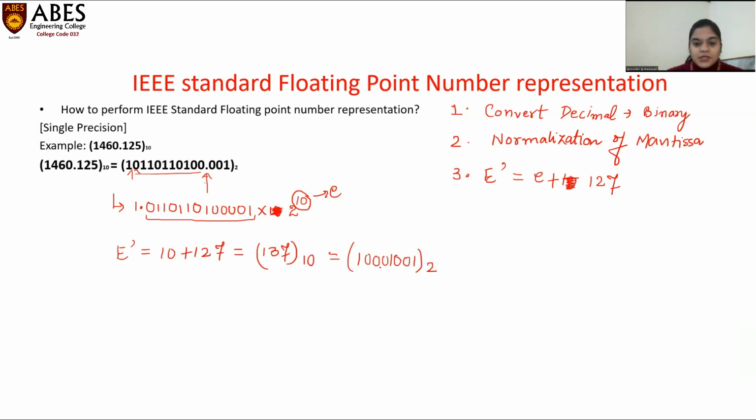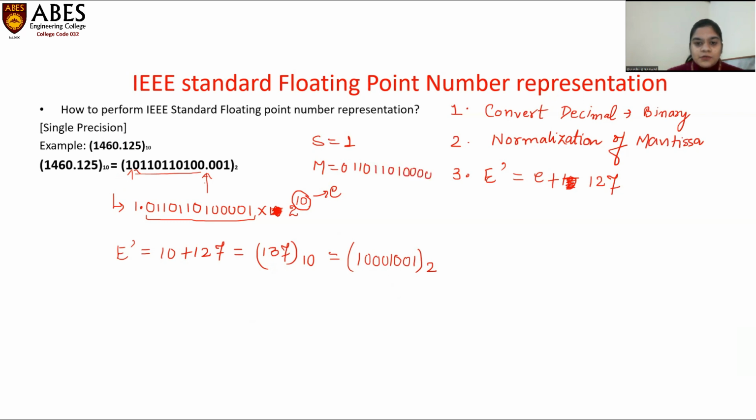So this is the equivalent binary value for 137, and this is our exponent value. And since our value is positive, my sign value is equal to 1. My mantissa is equal to 0110.